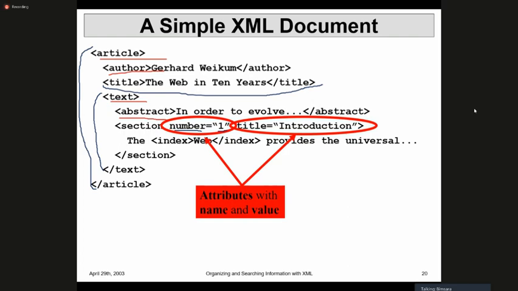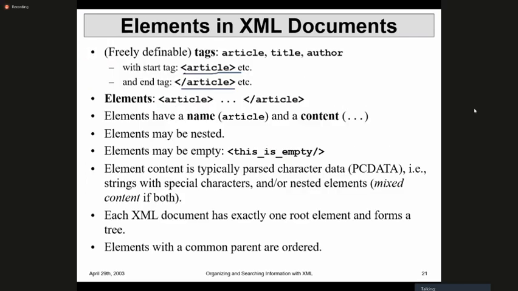Items in between these tags. As an example, in the title element, the content of the element is the web in 10 years, right? So this is the content of the element and this is the name of the element, right? Elements have name and content.